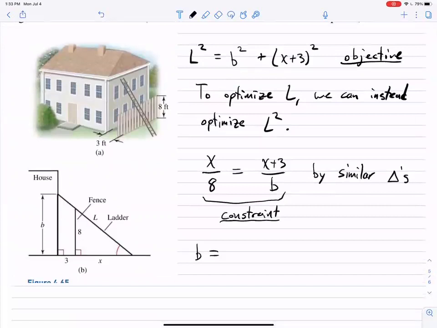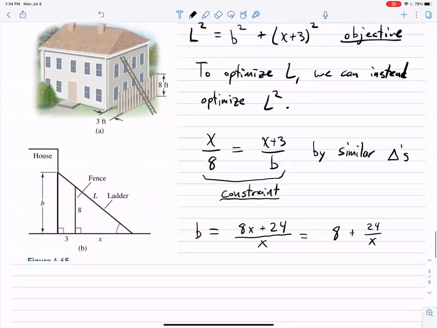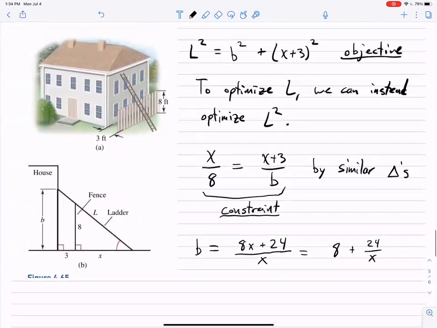B is going to be equal to 8 times X plus 24, divided by X. Maybe it's easier to write it like this: if we divide the X out, it'll be 8 plus 24 over X. That's probably the easiest way to write B, and that's our constraint. We're going to plug this constraint into B right there.